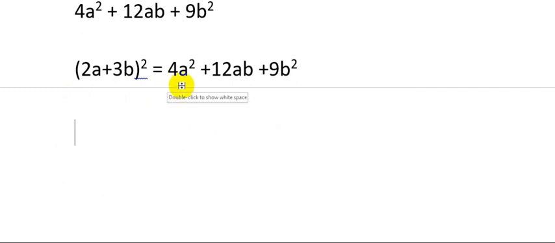As you clearly observe, the first term is the square of the first term. The last term is the square of the last term. Why am I saying square of the first term?